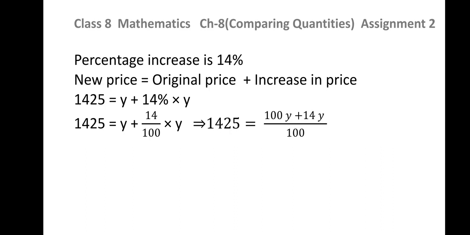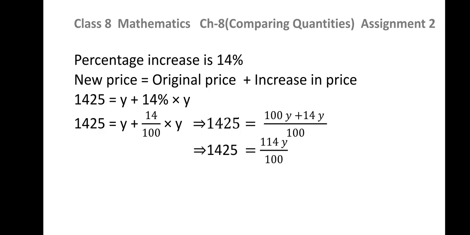So 1,425 is equal to y plus 14 over 100 into y, as percentage sign is given, and we know that percentage is a special fraction in which denominator is 100. So it will be y plus 14 over 100 into y. So it will be 1,425 is equal to 100y plus 14y over 100.